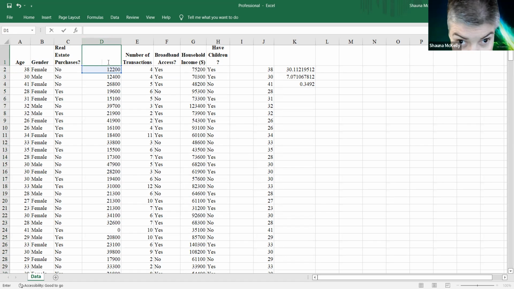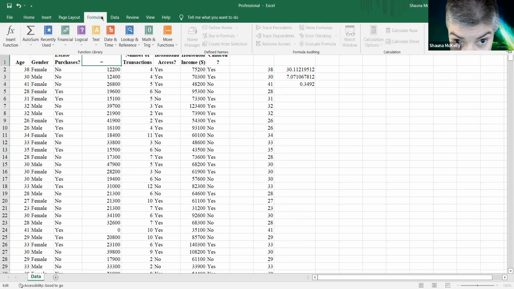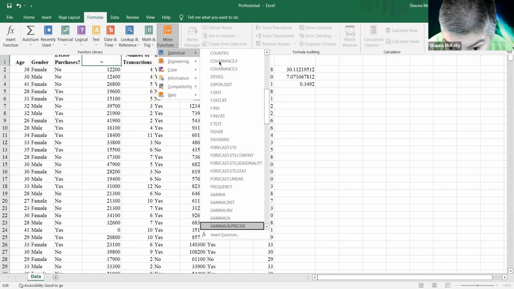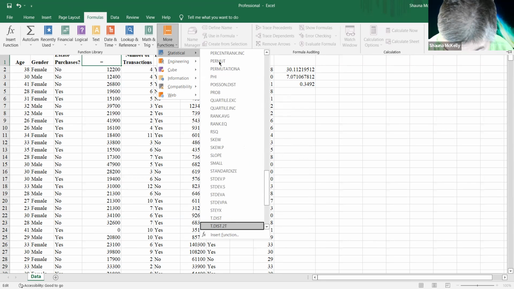So here, then again, we do equals, and then you're going to do formulas, more functions, statistical, and make sure it's the standard deviation of sample.